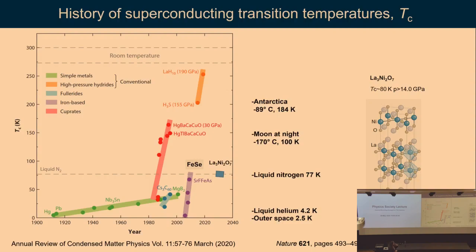And in 2008, we have the discovery of iron-based superconductors. These are the systems I'm going to talk about, in particular iron selenium, which in a monolayer form can reach temperatures close to 100 Kelvin. In the last 2-3 years, we have a new family of nickelates, and a transition temperature of about 80 Kelvin has been reported under pressure.